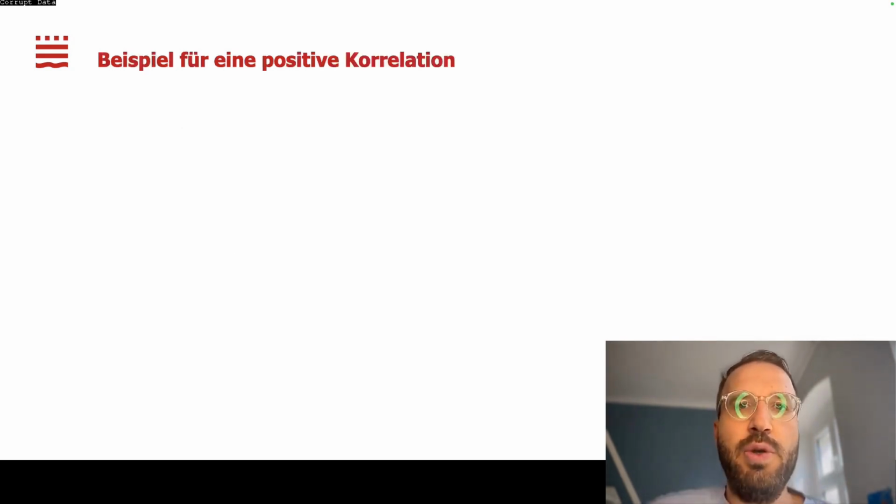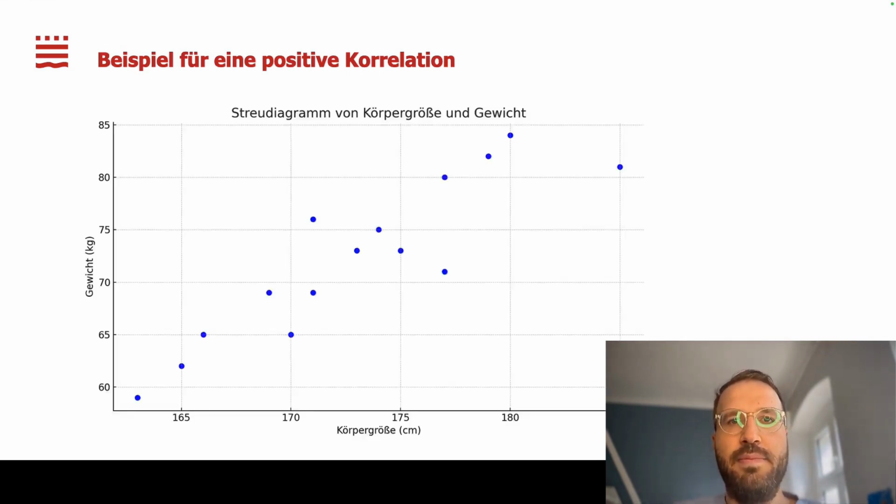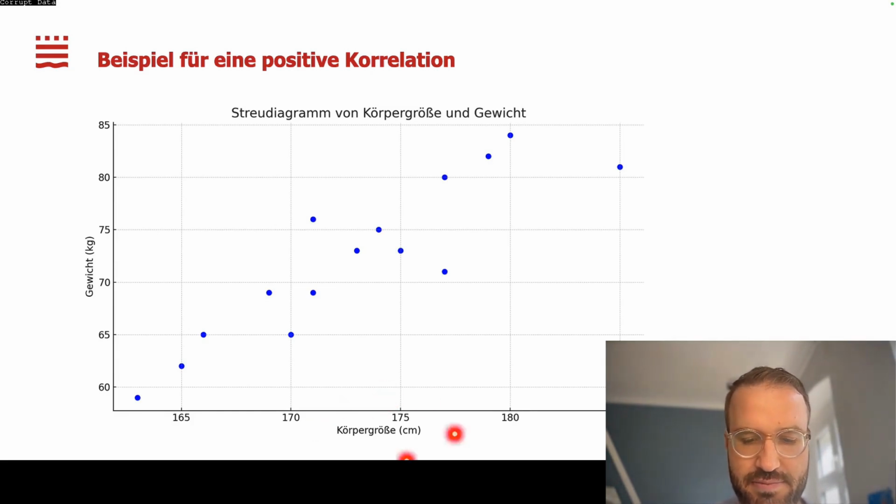To do this, we will look at a few examples of what we expect a positive correlation to be. And the following is actually an example of a positive correlation. And what do we see here? We see the relationship between two characteristics, namely height, in meters, which would be on the x-axis from 1.65 to 1.85 m.